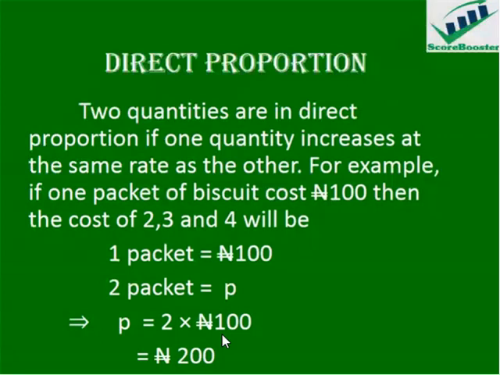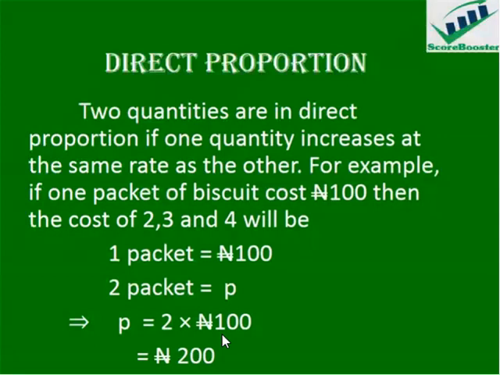If you buy one biscuit, you can buy it for 5 naira. When you increase the biscuits to 2, it becomes 10 naira. So you can see that the higher the number of biscuits you buy, the higher the price. That means the quantity of biscuits and the price of biscuits are in direct proportion. So that is what direct proportion is about.